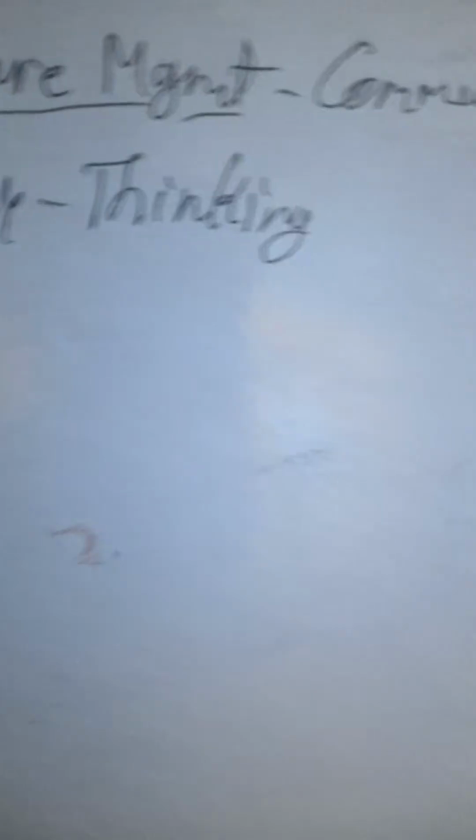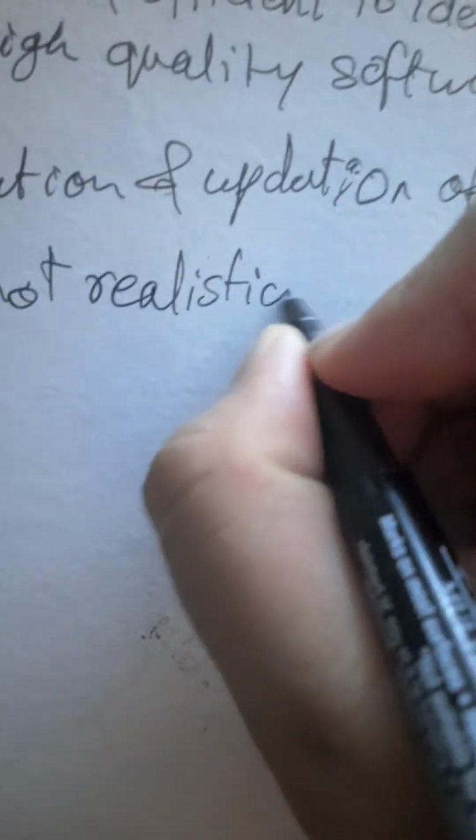So that's the issue. What we are going to do is think logically, not realistically, about whether the idea is affordable or possible. How do you know if it is affordable?